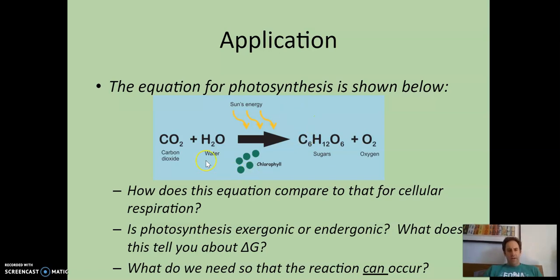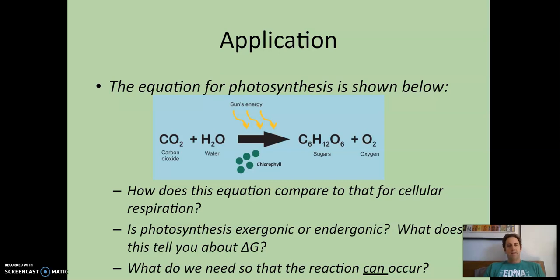Based on this equation, hopefully you realize that the added mass from the plant getting bigger is actually coming from carbon dioxide and water. Plants are literally taking CO2 and water and using it to build sugars. And then remember, sugars make up the cellulose in their cell walls and other components. So they're literally adding mass to themselves by using carbon dioxide from the air and water.